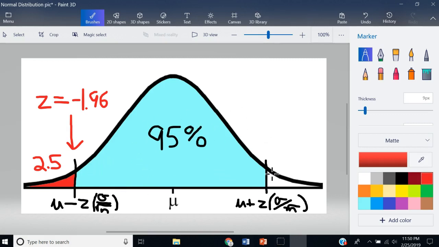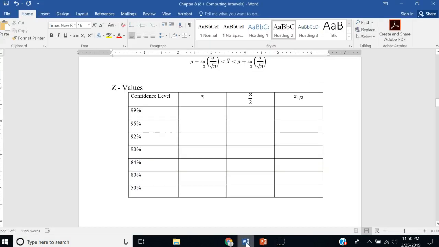That means 5% is on the outside. It has to split into two sides. So this left z value would be negative 1.96. Now, interestingly enough, because of the symmetry, the right z value would be a positive 1.96. So we can talk about this z of alpha over 2. And that's how this works.